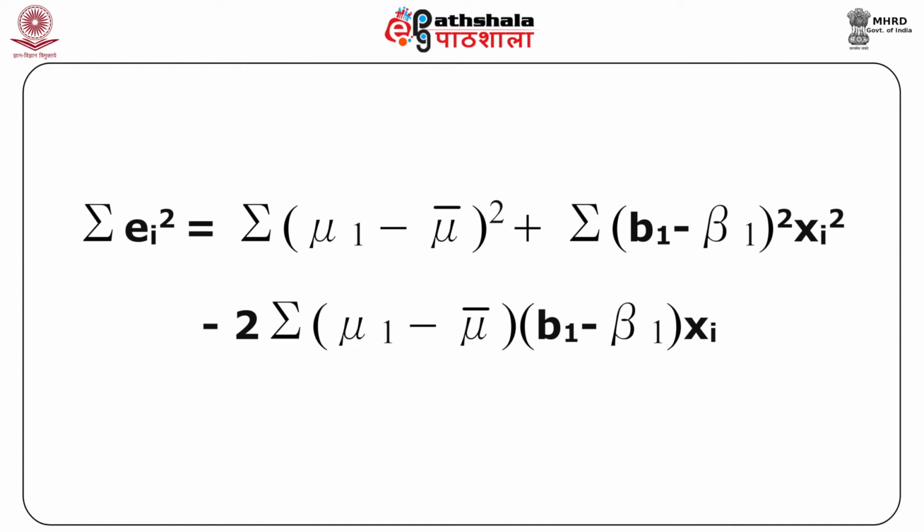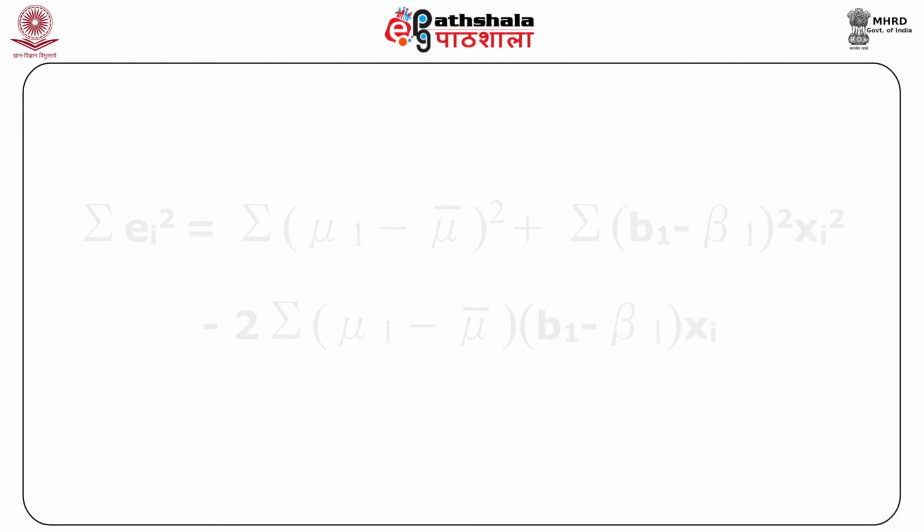Summing and squaring both sides, summation ei square is equal to summation (mu i minus mu bar) square plus summation (b1 minus beta 1) square into xi square minus 2 summation (mu i minus mu bar) into (b1 minus beta 1) xi.